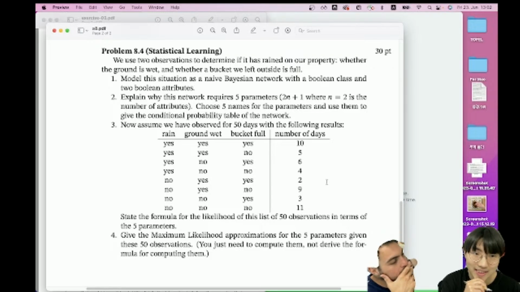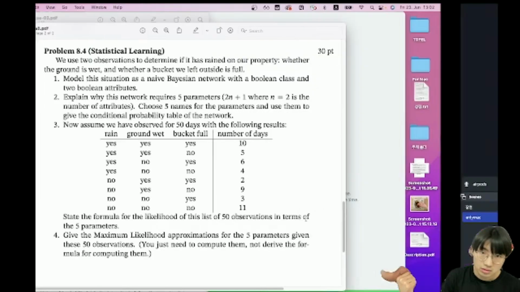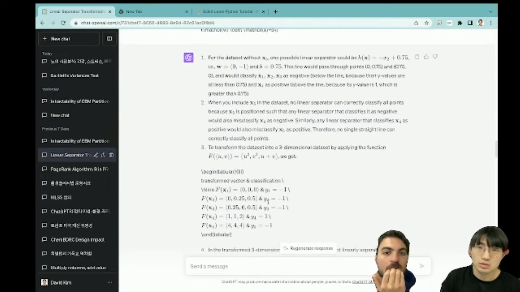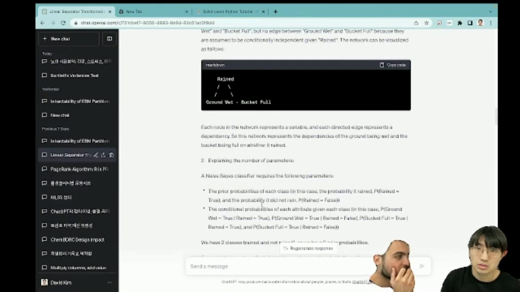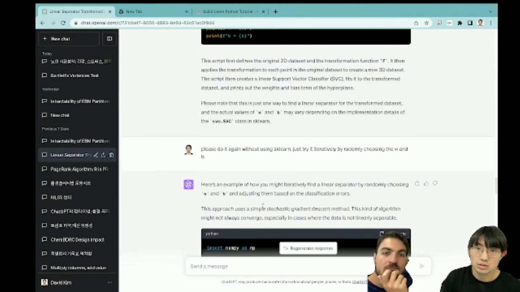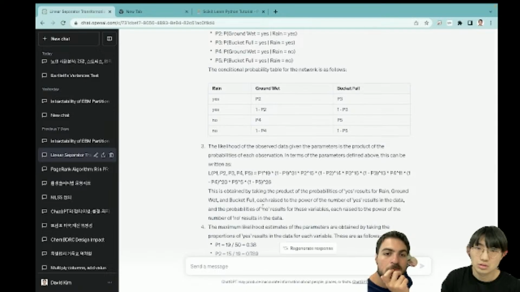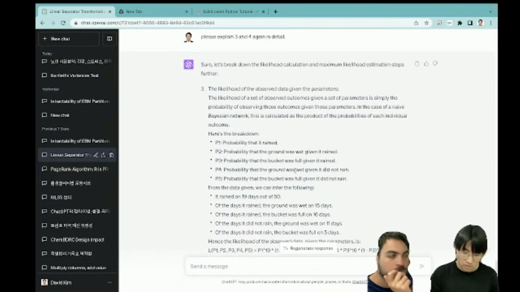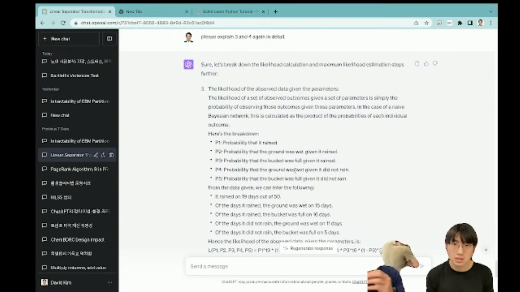We can go to the slides. Let's go to the ChatGPT solution. So how did ChatGPT solve it? We have these five probabilities.